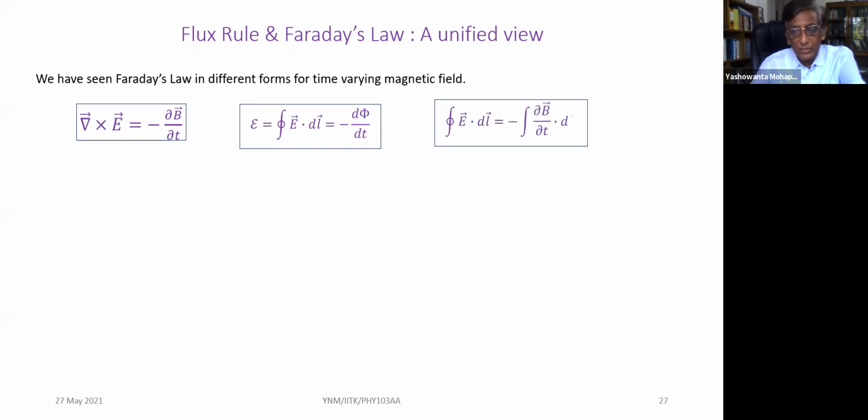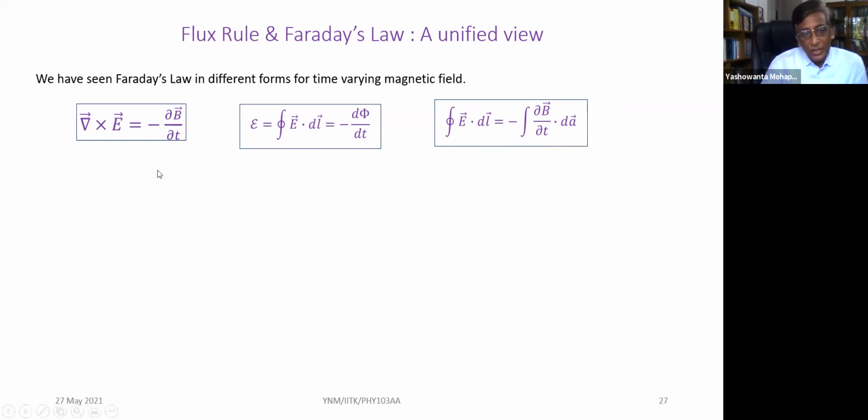I could express this as the integral of E dot dl, or EMF, as a source term changing through the dA. But here, remember, this is the total derivative of phi, that's the flux rule. And this is the partial derivative, that is explicit dependence of B as a function of time going through a surface, a well-defined surface. So these are the three forms in which the pure form of Faraday's law that we have seen.